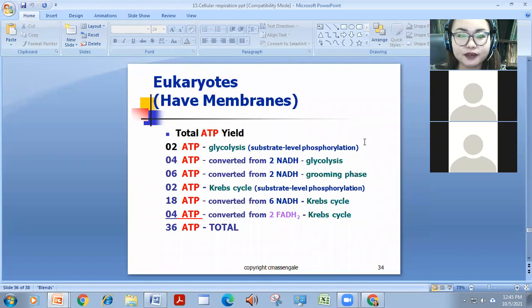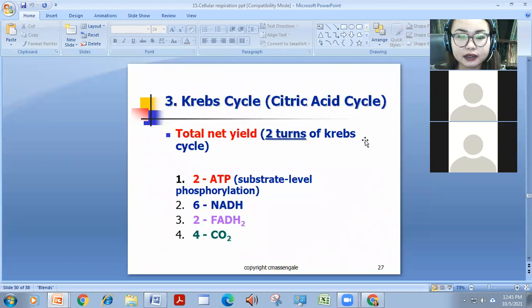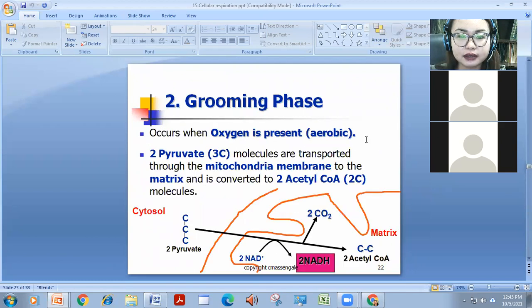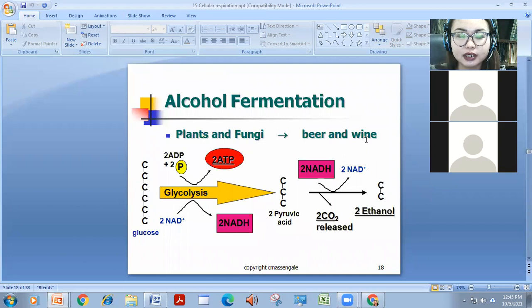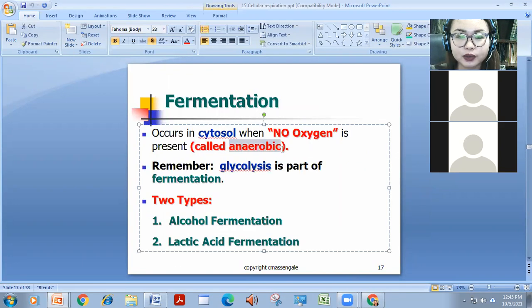If you remember fermentation here, fermentation is anaerobic respiration. It's called anaerobic. We have alcohol fermentation and lactic acid fermentation. Alcohol fermentation is done in plants and lactic acid fermentation is in animals.